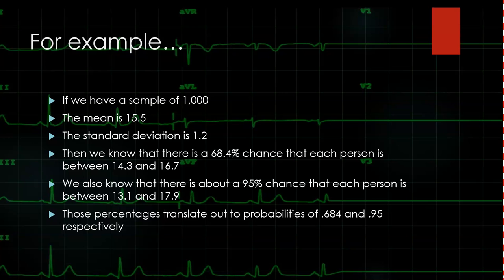We also know that there's about a 95% chance that each person is between 13.1 and 17.9, because it's two standard deviations above and below the mean. Those percentages translate to probabilities of 0.684 and 0.95 respectively.